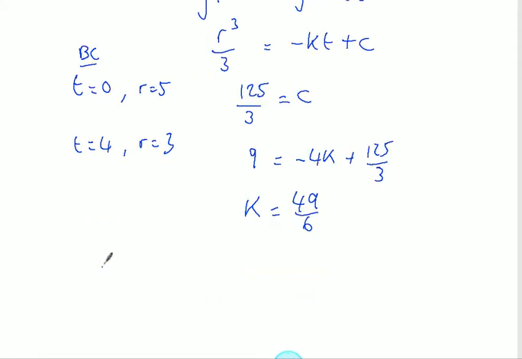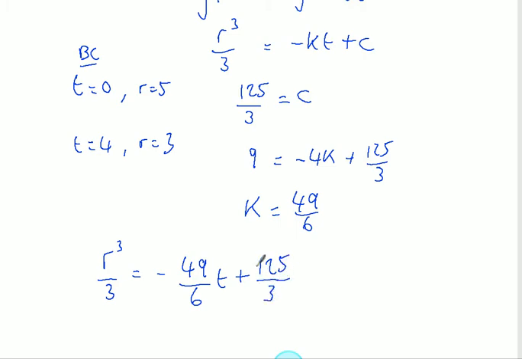Okay, so now we're in a position to write it out in full. So r cubed over 3 is equal to negative 49 over 6t plus 125 over 3.